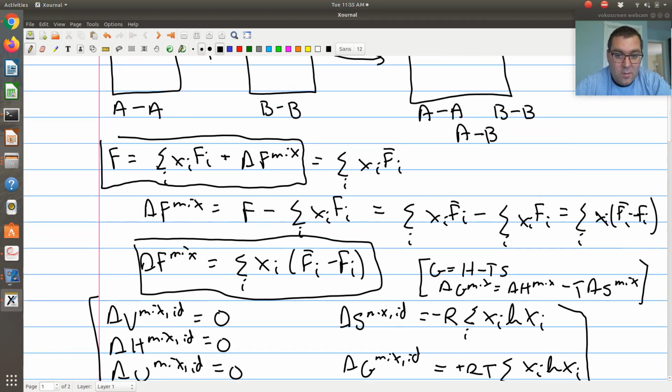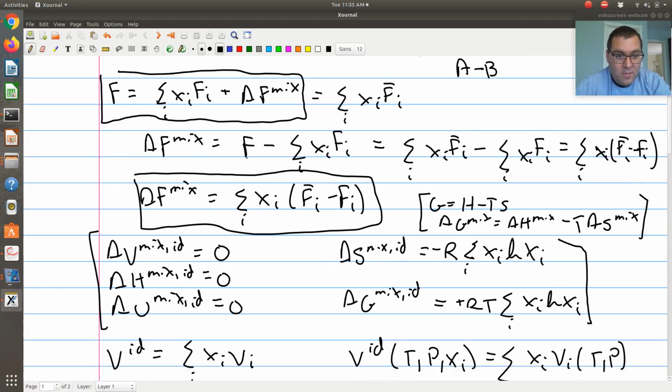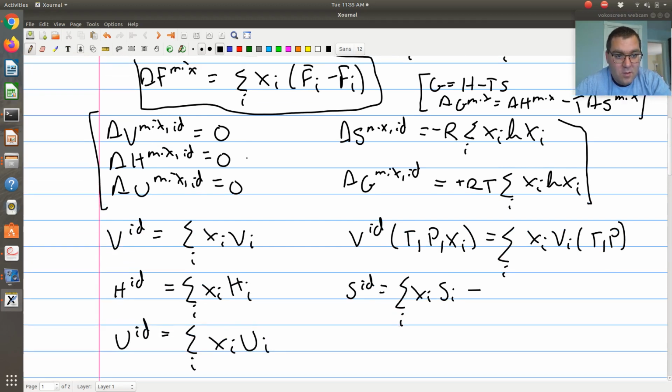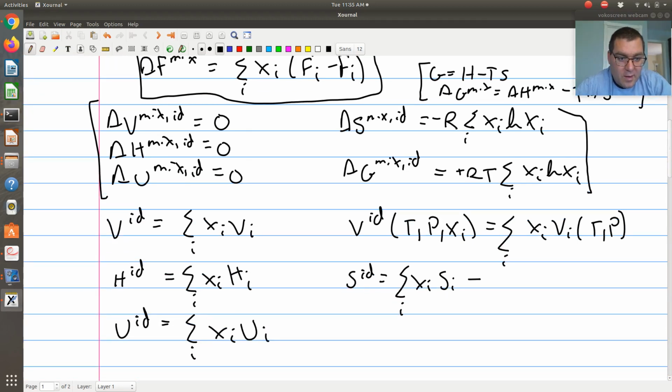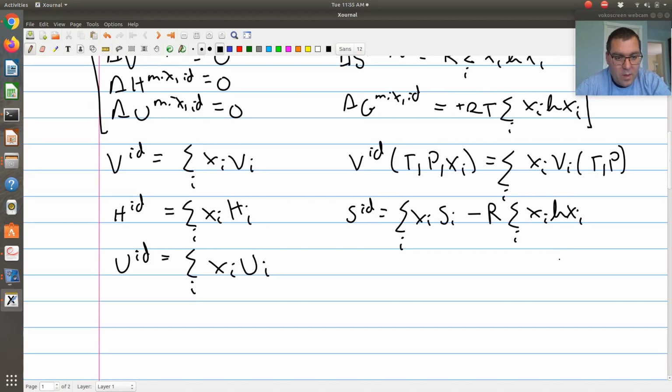So this is the molar average plus delta S of mixing, so plus negative R sum over i of x_i log x_i. Or if I wanted to group terms, that would be equal to the sum over i of x_i times (s_i minus R log x_i). I just want to collect terms.